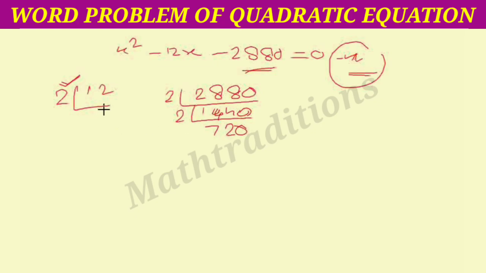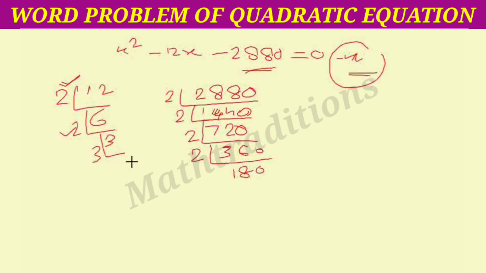Again I am taking by 2, this will be 360, and again we have to take by 2, it will be 180. Now I am taking by 3, it's 60, and again by 3, it is 20.